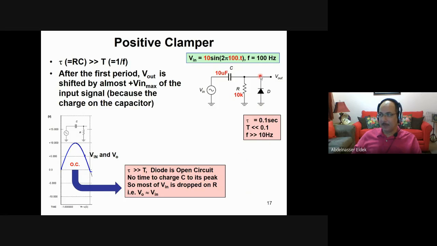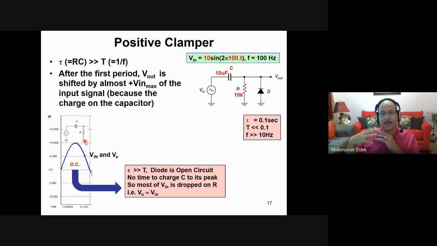If you have positive here and ground here, this means that the diode is reverse biased, which means that it's open. So you don't have this diode, and the circuit will look like this. This means that the capacitor is charging, so the voltage across the capacitor is increasing from 0 to the maximum.